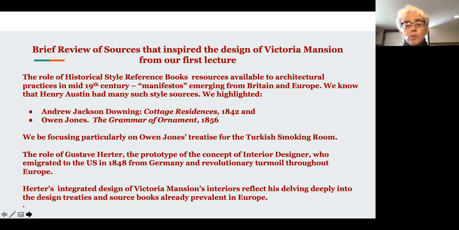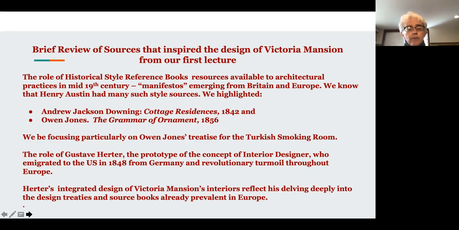And of them, we highlighted Andrew Jackson Downing's Cottage Residences, which was published in 1842. And I referenced Owen Jones' The Grammar of Ornament, which was published in 1856. So for the purposes of this talk about the Turkish smoking room, I will be focusing particularly on Owen Jones' treatise, The Grammar of Ornament.